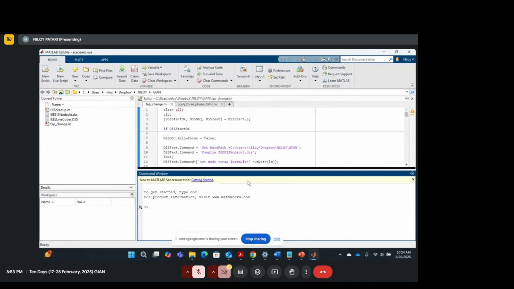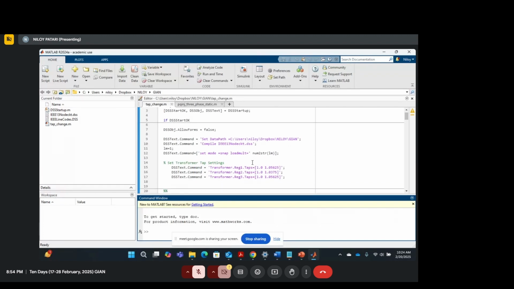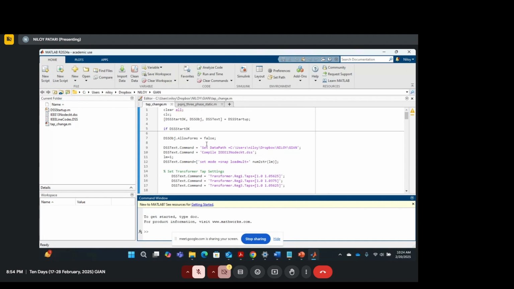So basically, it's the same. Here it's a tapchange.m MATLAB file, and DSS startup. These are some basic files that you have to write in order to create that interface.